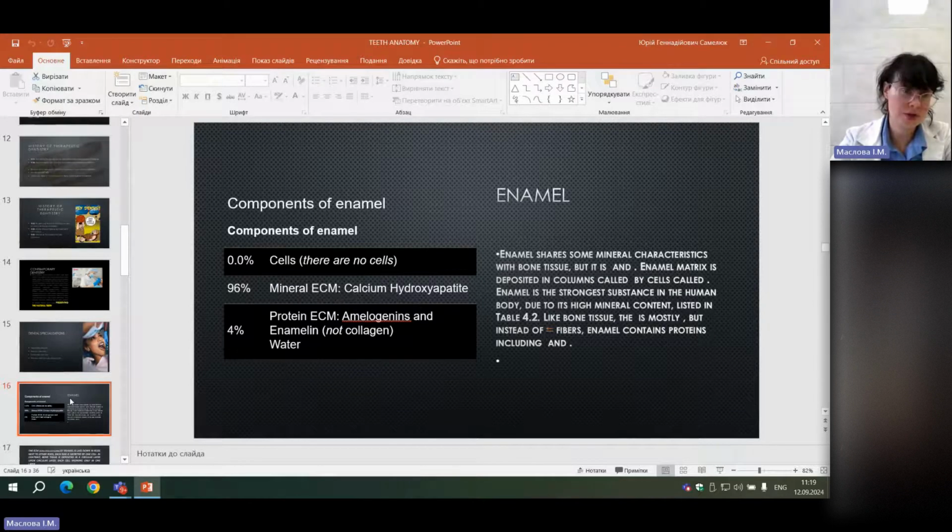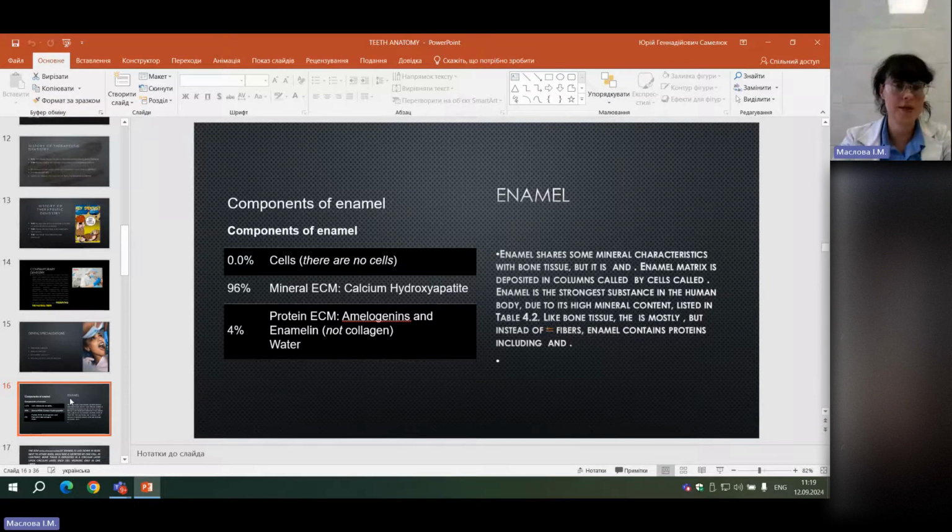If you don't have questions about the historical stages of dentistry development, we continue, and today you will learn about the main two structures and the main components of the two structures.